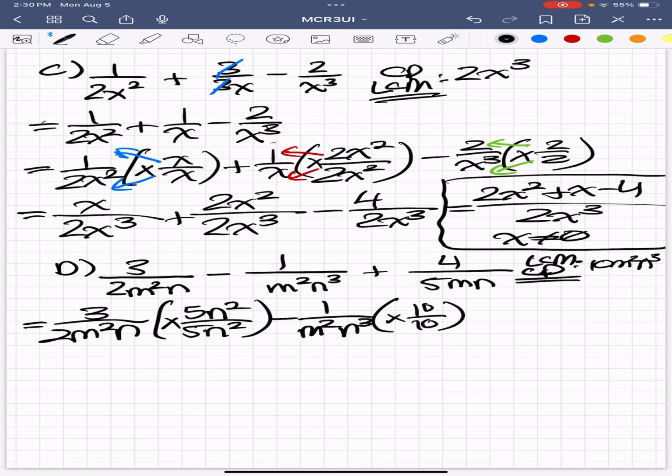And what's missing from this equation is just 10. So m to the power of 2, n to the power of 3, and what's missing is 10.